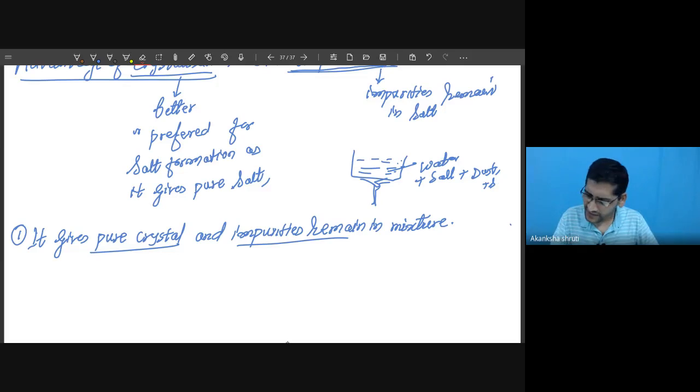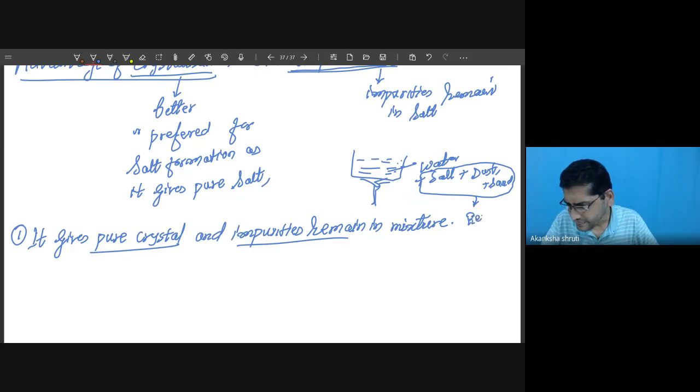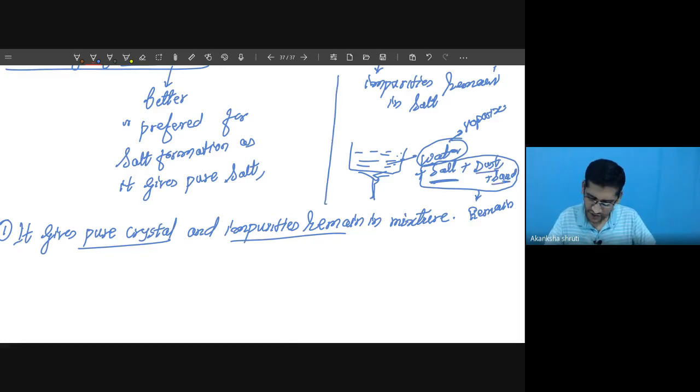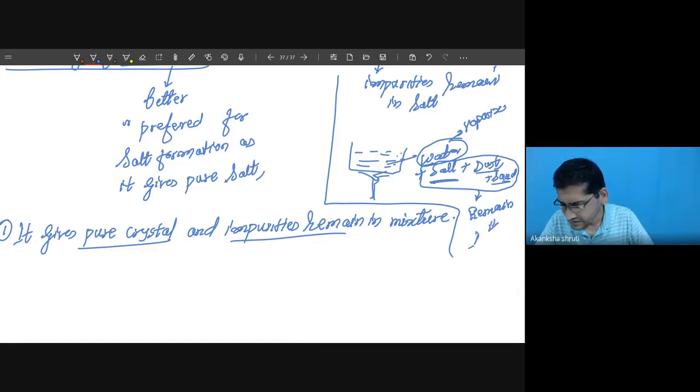Only the water will vaporize; the dust, sand and salt will remain. As a result, the salt we obtain contains dust and sand particles, so this gives us impure salt.